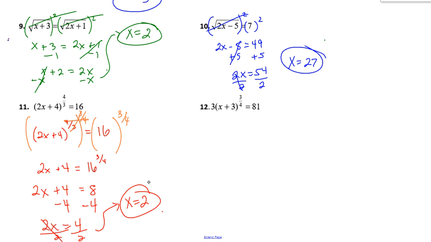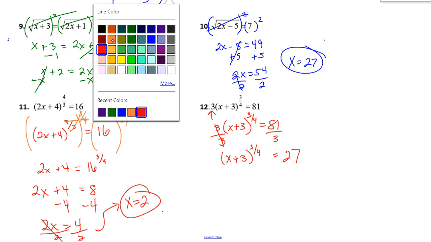Okay, so this next one, same idea, except look, we've got this 3 out in front of here. In order to get rid of that 3, it's 3 times that stuff. Divide by it. Turns it into (x + 3) to the 3/4 = 27.